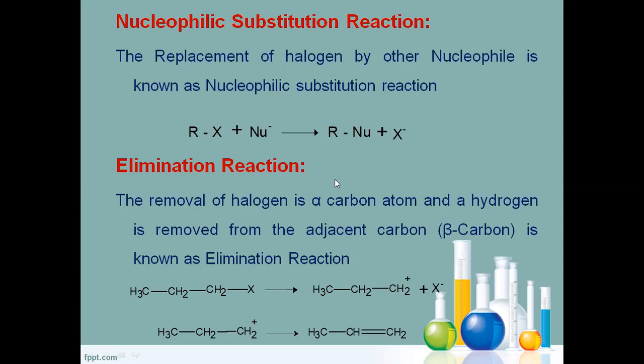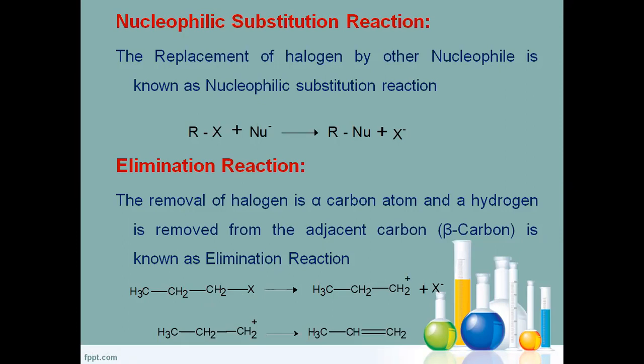In the elimination reaction, the halogen is removed from the alpha carbon atom and hydrogen is removed from the adjacent carbon, the beta carbon, so it is known as alpha-beta elimination. The halogen and hydrogen are removed from adjacent atoms, forming an unsaturated molecule. So it is an elimination reaction.